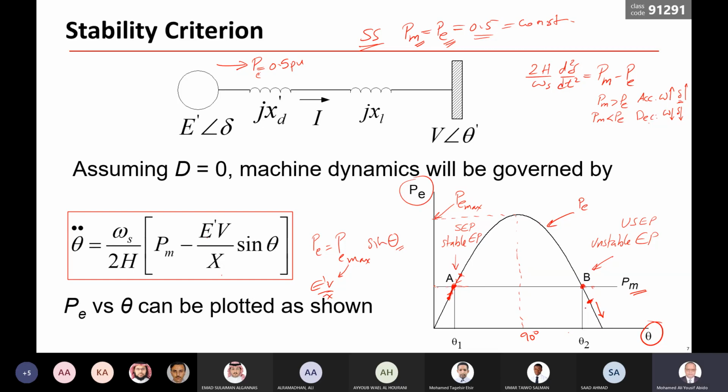So we are going further from the equilibrium point. So with any disturbance around B, the system becomes unstable. So in this case, we say the point B is an unstable equilibrium point. Is it clear?